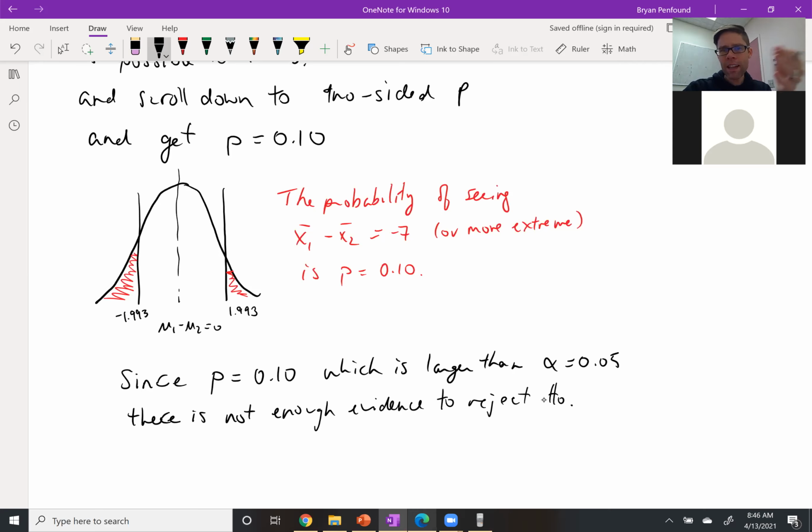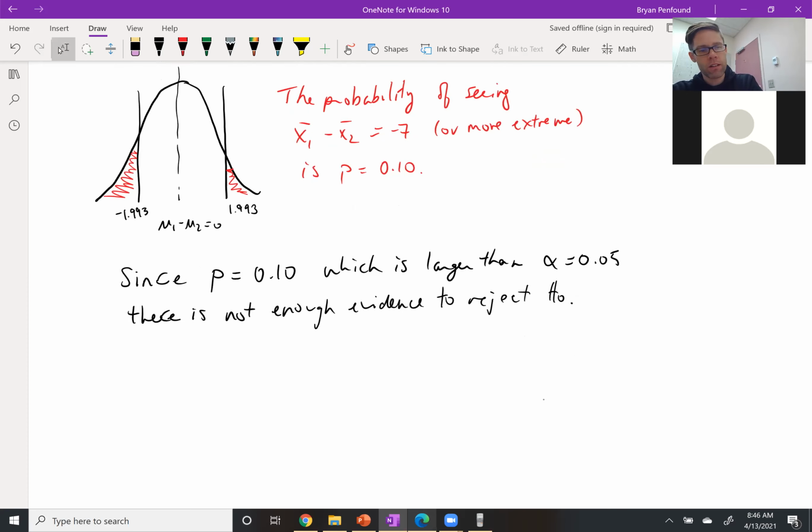In other words, based on the data and this probability number, it's really likely that the difference in the scores of these two classes is just random variation. It's not too extreme that I should be concerned.